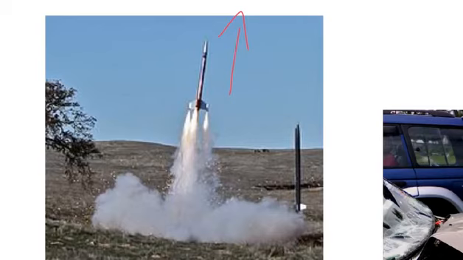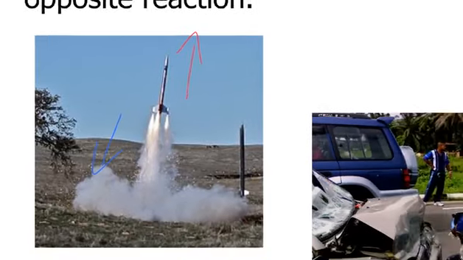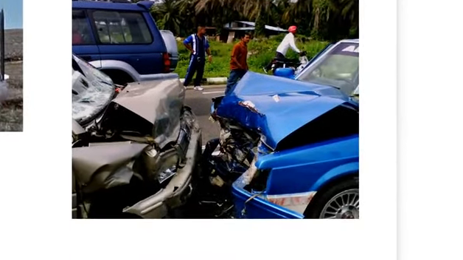So the force on the gases is downwards and back, and the force on the body of the rocket is upwards and forward. So action, reaction.